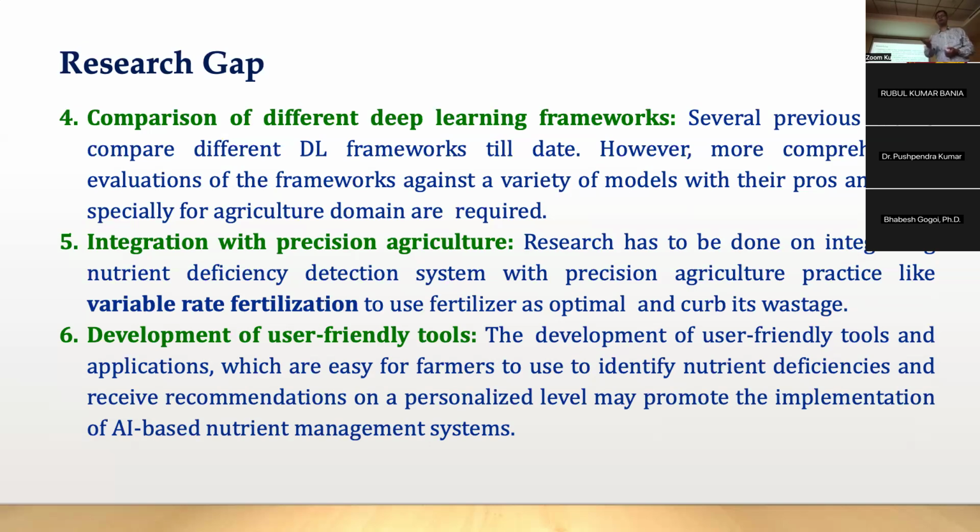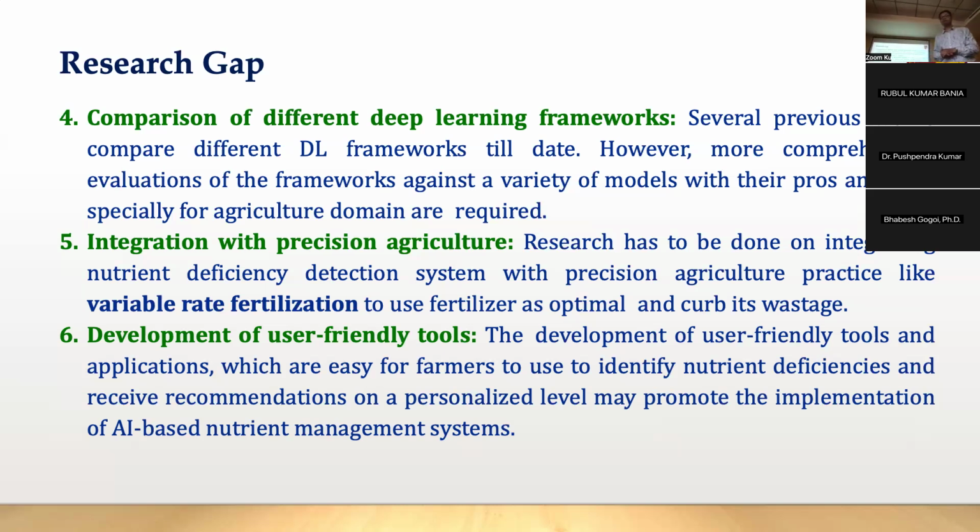They spray the same amount of fertilizer in each case, but whether it is required or not is not determined first. So with precision agriculture, variable rate fertilization, only the crops which need fertilization will be fertilized. That concept is what we are focusing on here also.